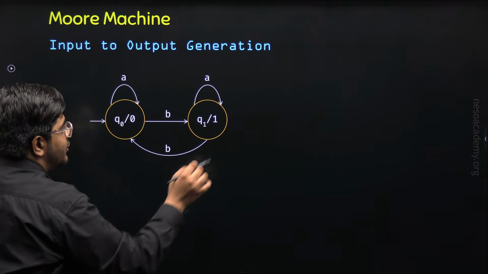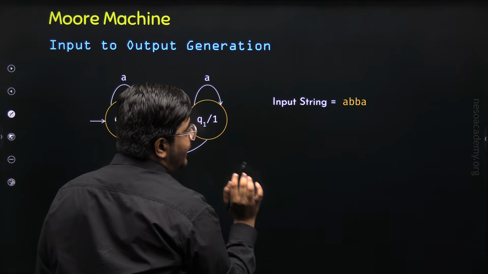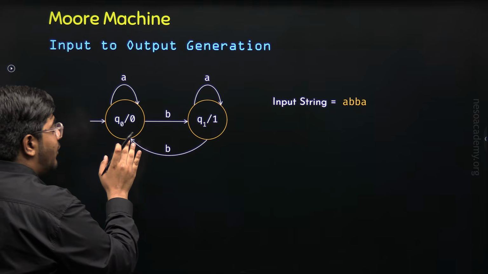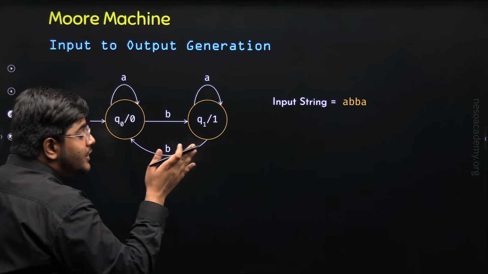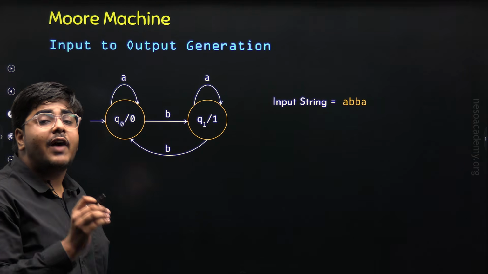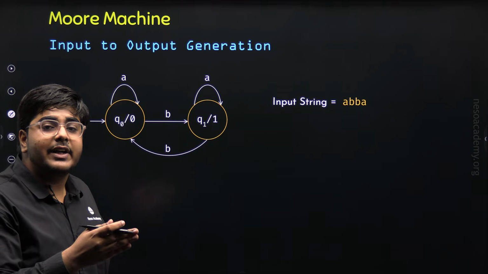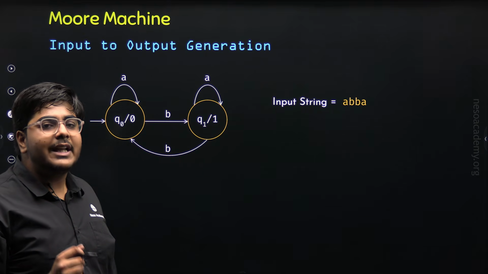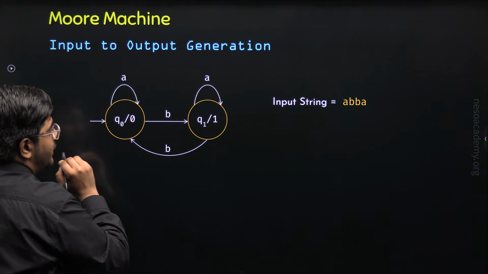This is the transition diagram of a Moore machine, and this is the input string that I have taken: A, B, B, A. With the help of the Moore machine, we will translate this input string into its corresponding output sequence, because a Moore machine is also a finite state machine with output, like a Mealy machine.